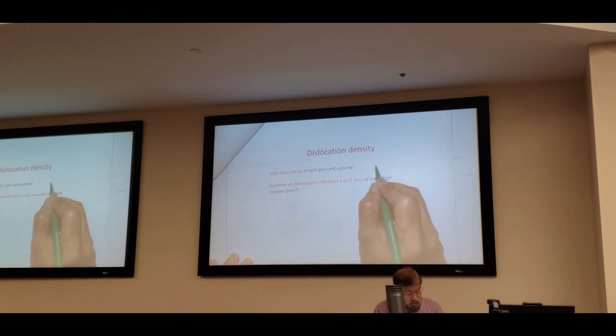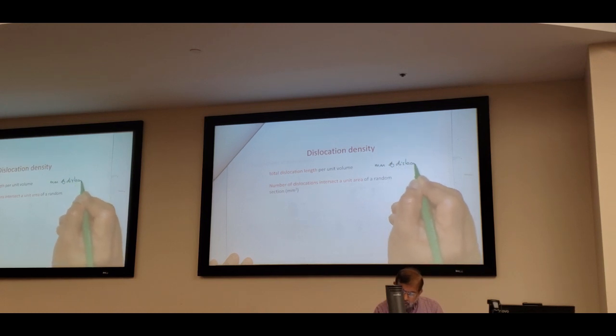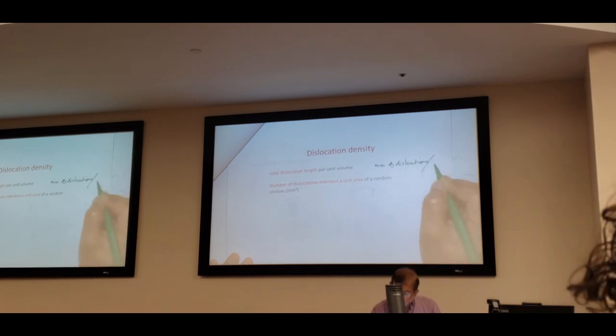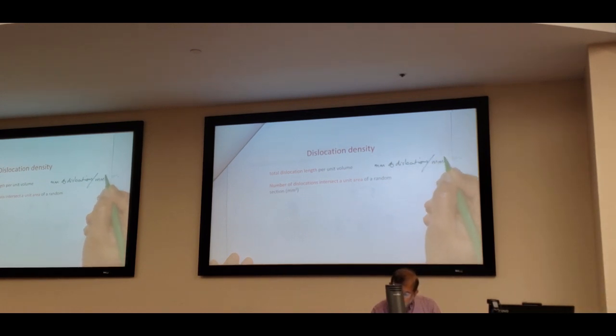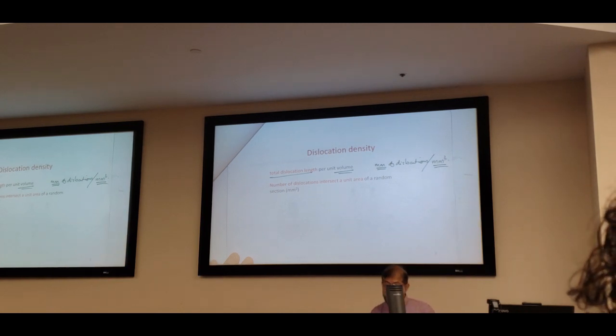For example, the unit is millimeters of dislocations per millimeter cube. So this is the dislocation length in millimeter, and the volume is millimeter cube.